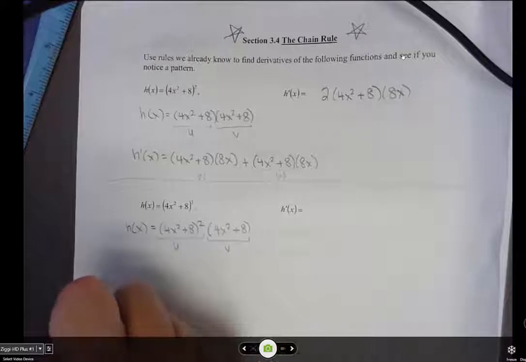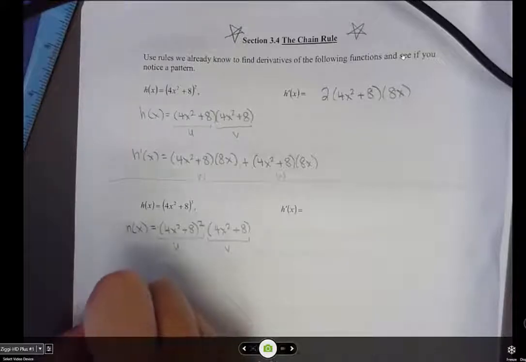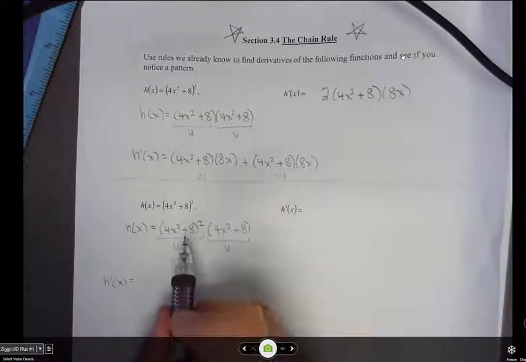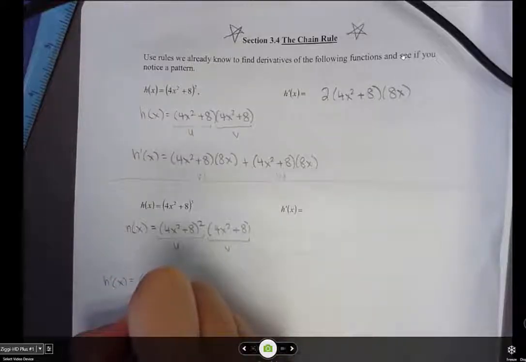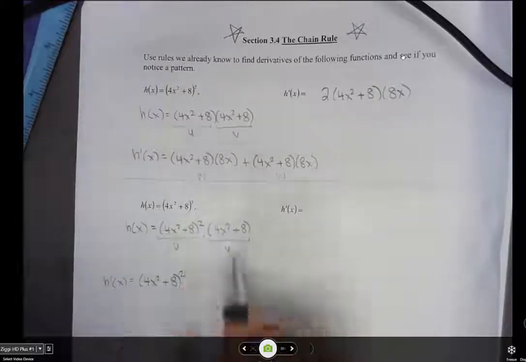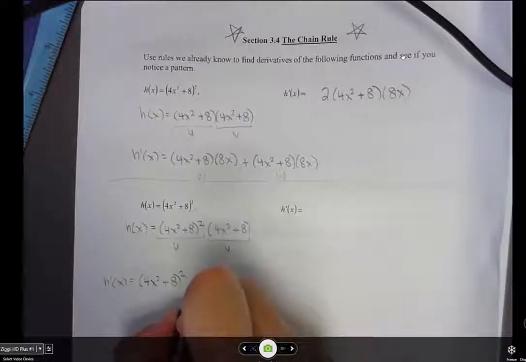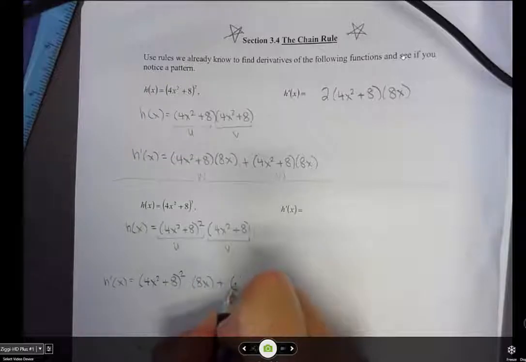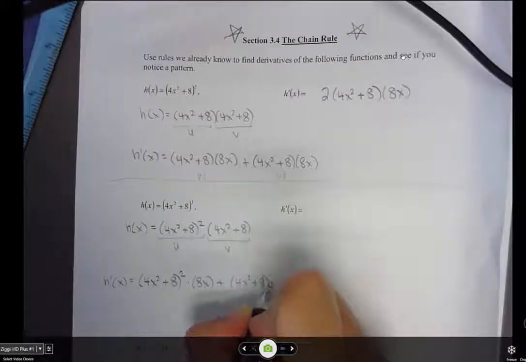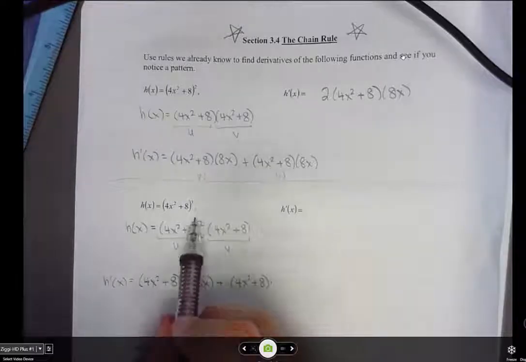So h prime of x is u times v prime, so u times v prime would be 8x plus v times u prime.